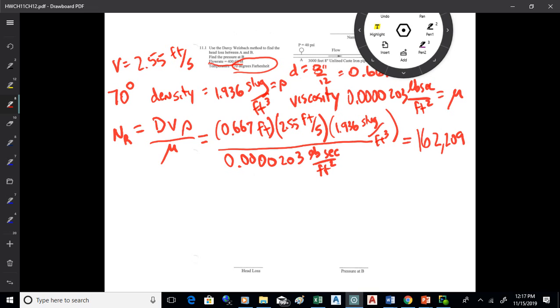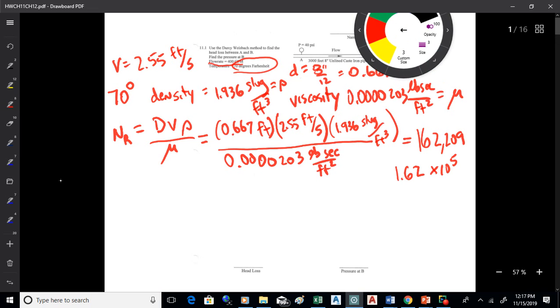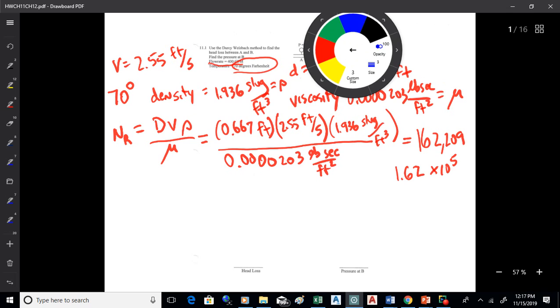Now, we usually like to get that into scientific notation. I'm getting 10 to the 5th by counting the decimal place over: 1, 2, 3, 4, 5. So that's 1.62 times 10 to the 5th.